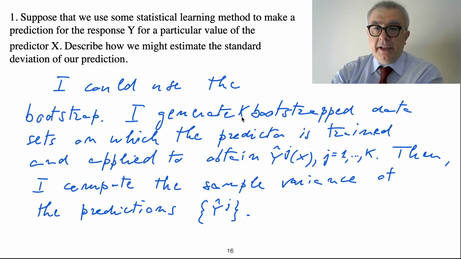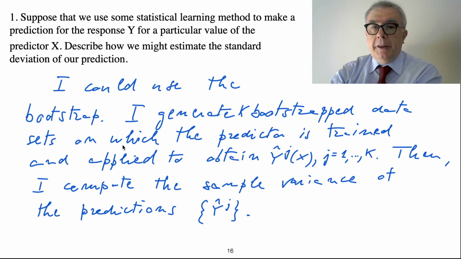So I can generate k bootstrapped data sets. You recall that a bootstrapped data set is obtained by sampling with replacement. Okay, so I just sample n observations from the original training set. But every time I draw a sample, I replace it again and I repeat the drawing.